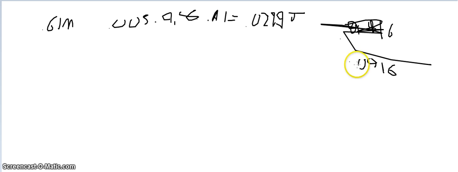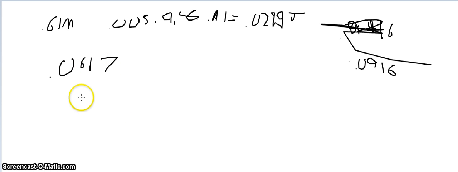So we subtract them like before, same process, and we get an answer of 0.0617 joules of kinetic energy.